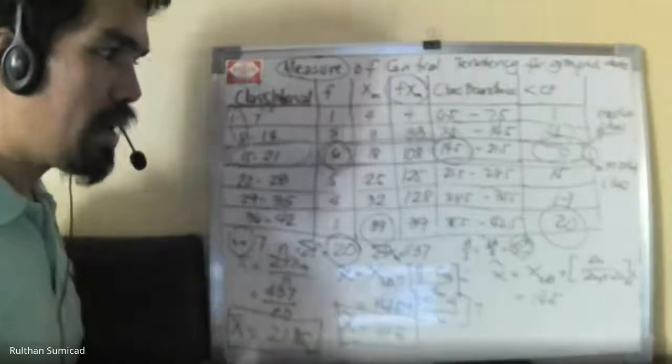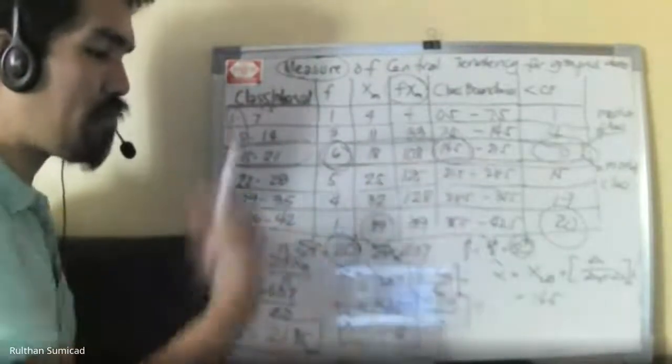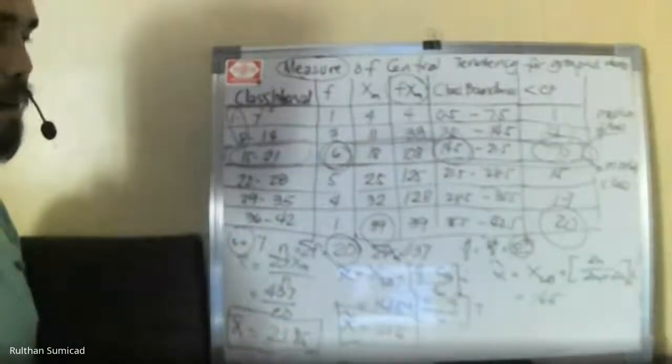It follows that they have the same lower boundaries. That's why we use 14.5 in both formulas.